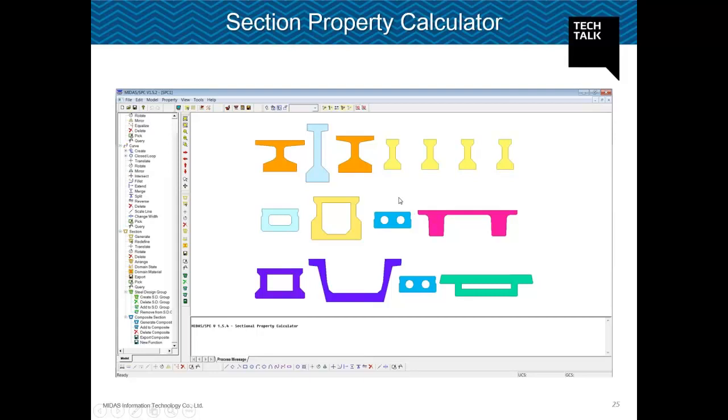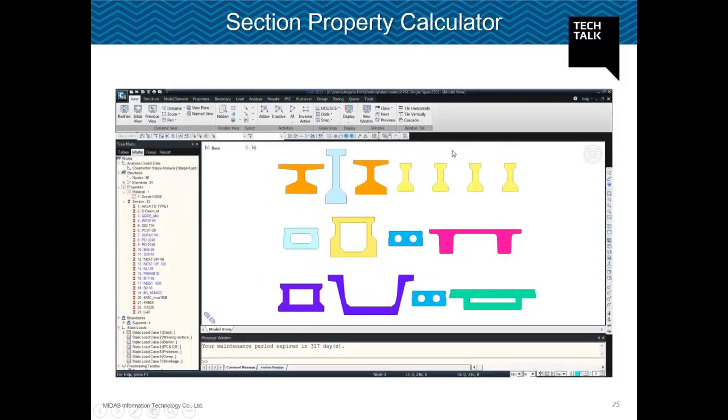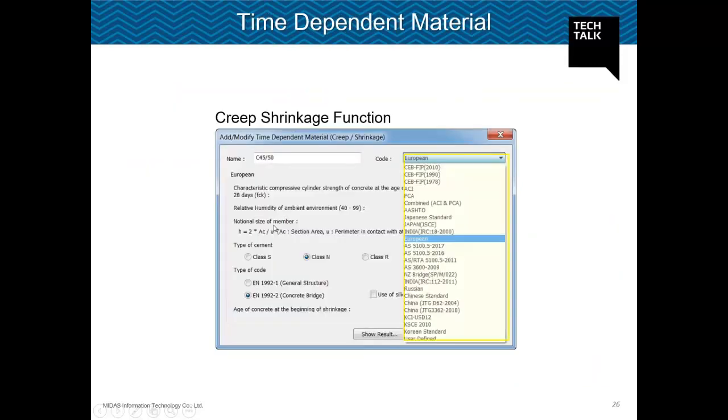And after that, you can use these sections in your model in MIDAS Civil. When it comes to time-dependent material properties, we do have these different standards that can be used for calculation of the coefficients.